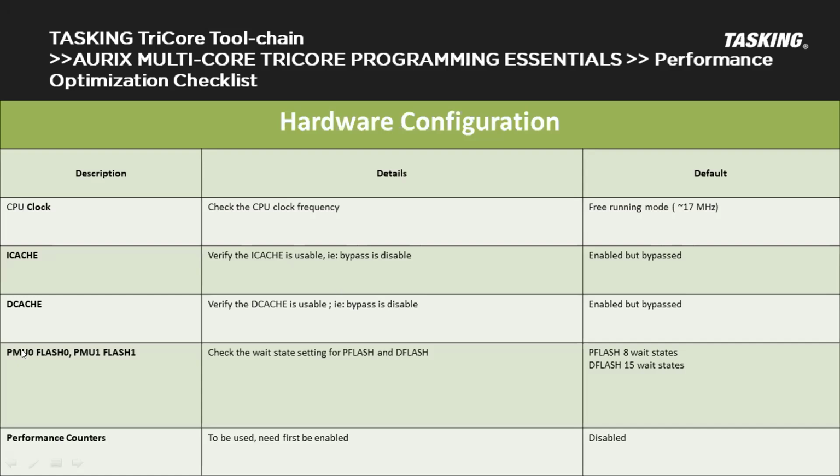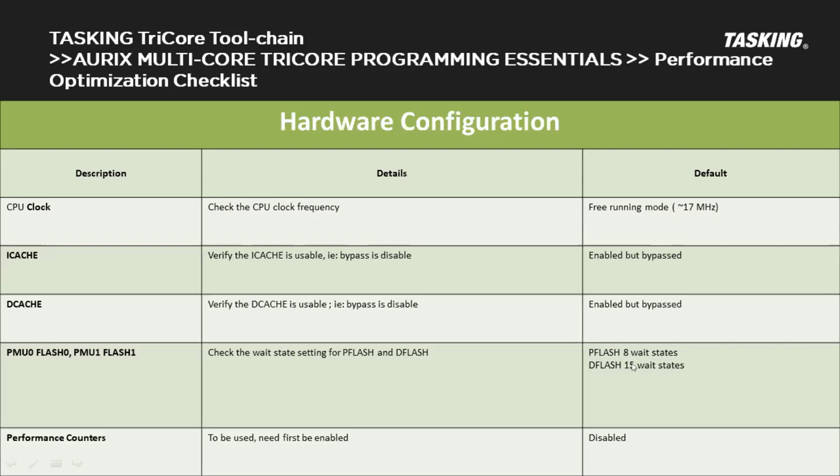And for the PMU flashes, PMU 0 flash and PMU 1 flash, you have to check the wait states, because definitely the processor is faster than this memory. The default values are 8 wait states for the program flash and 15 wait states for the data flash.